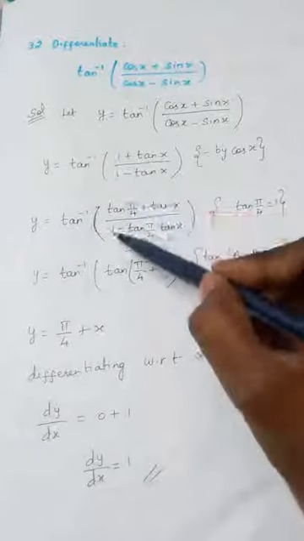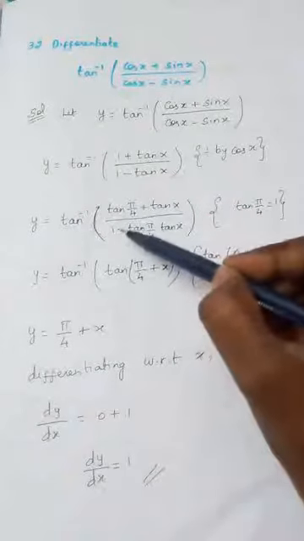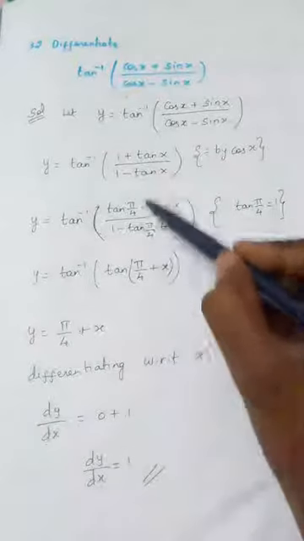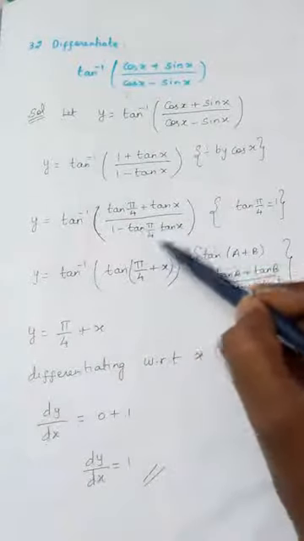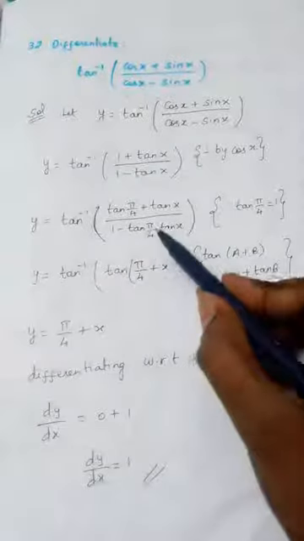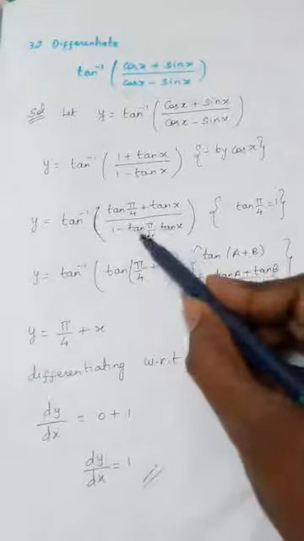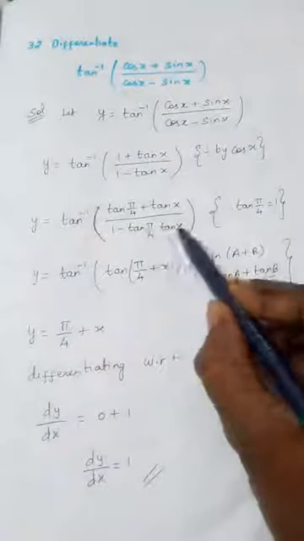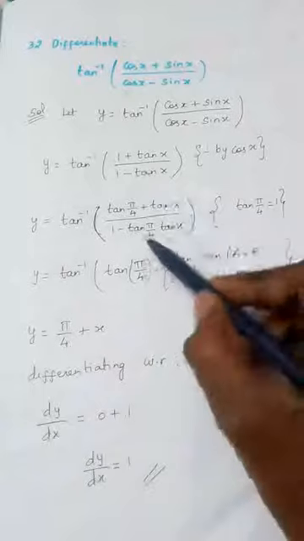For this one, no, that one is written as it is. Minus tan x is written, but in front of that I've added tan pi by 4. I have multiplied, in fact. Tan x is multiplied with tan pi by 4. Nothing wrong in this because the value is 1. So 1 into tan x, again you will get tan x only.